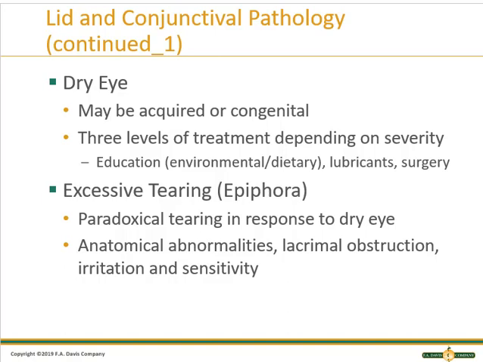First, it's education and making changes to the environment and dietary modifications. If first-line therapy does not work, then the second level of care would include pharmacological measures, including lubricants and artificial tears, but also adding in anti-inflammatory or immunomodulatory agents. You may have seen these advertisements on TV.